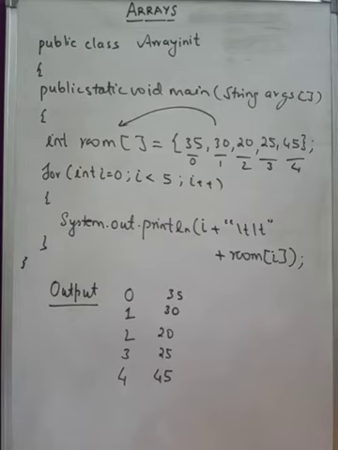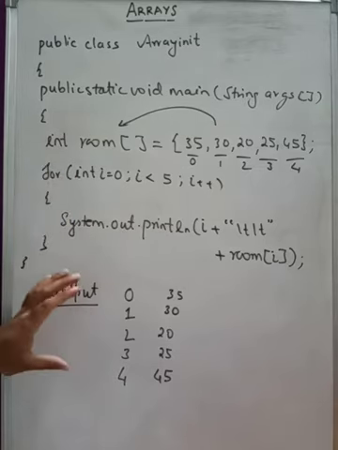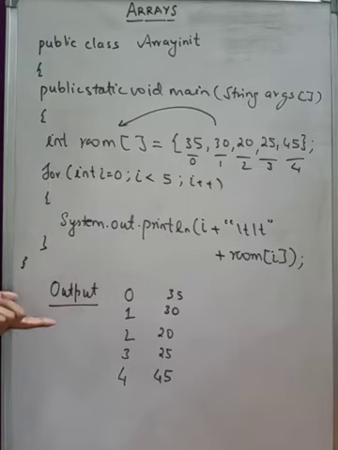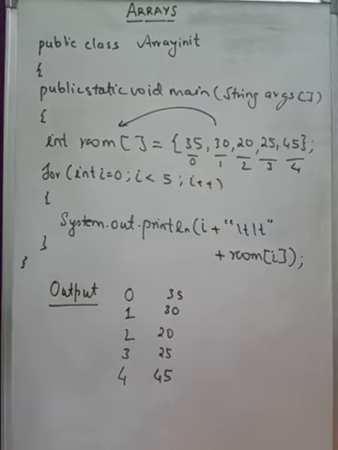So in the order of declaration, the index number will be known to you. Now we have to print the values of the array, according to index number.